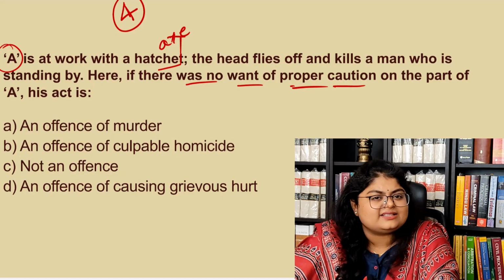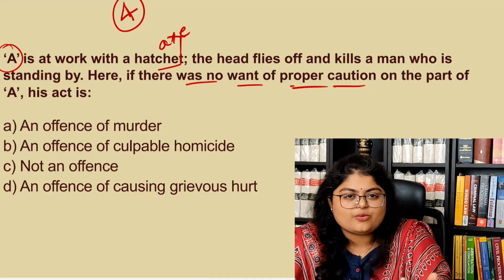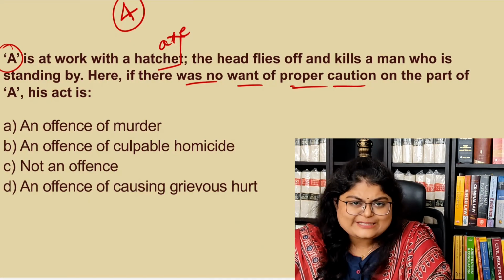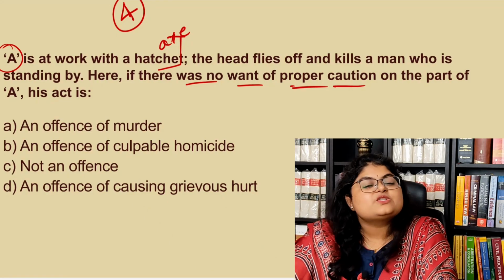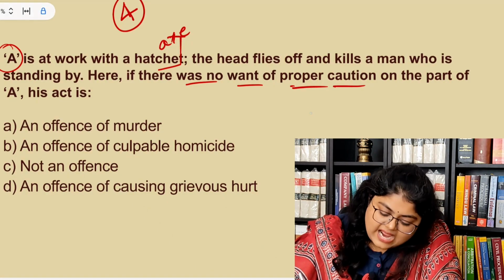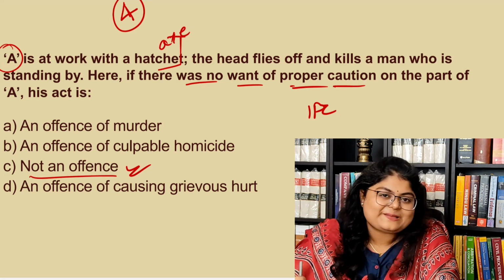This is actually an accident. He was doing his job with the axe. Unfortunately, the axe broke and the metal part went and hit somebody else. These are all accidents because there was no negligence. So the answer for this question under IPC is option C, not an offense.